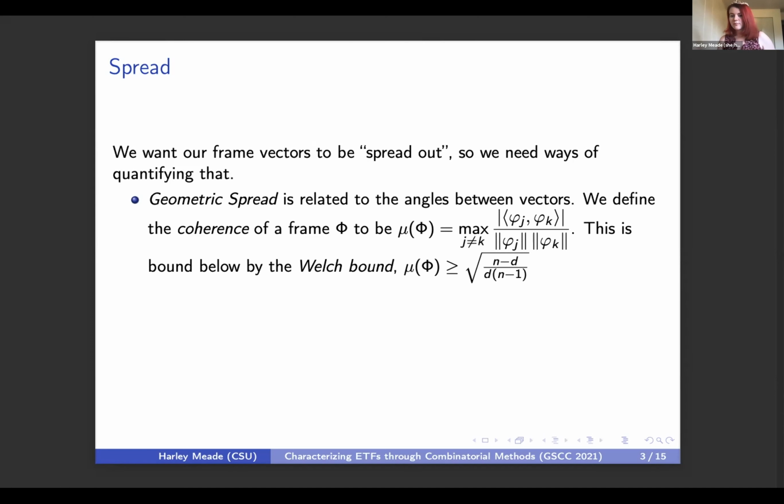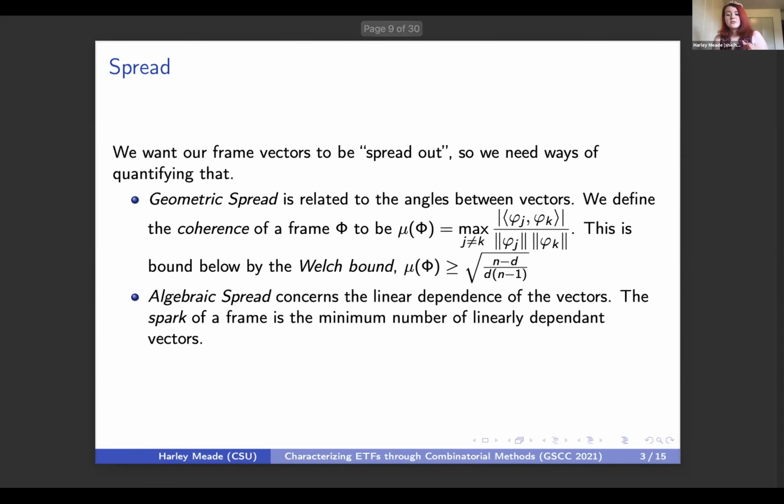If you have a unit norm frame, which normally you do, this is just the maximum inner product. And since the inner product is bigger when the angle is smaller, we want the coherence to be as small as possible because we want the vectors to be spread out. And so we have this Welch bound that bounds it below.